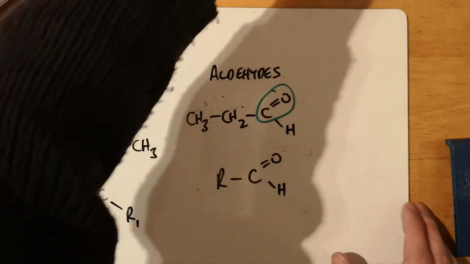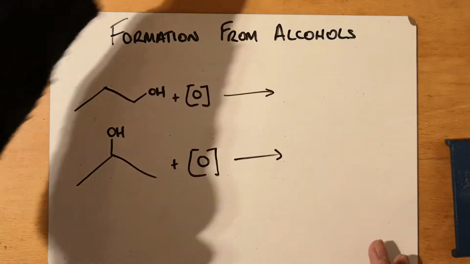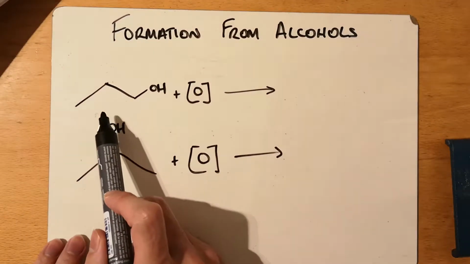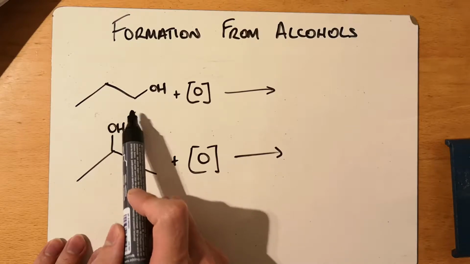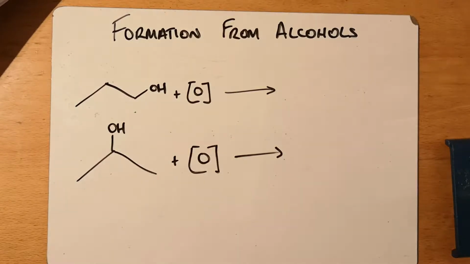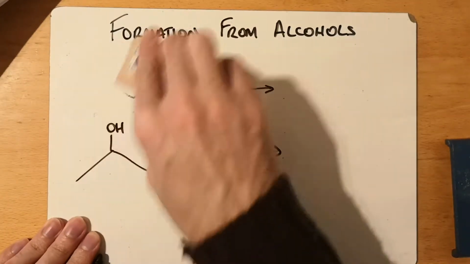The first thing we're going to do is, how do we form these? And we form them from alcohols. So this first one here, this is our propanol. This is a primary alcohol. This O in brackets means I'm adding an oxidizing agent. I'm actually going to use a different way to express these.